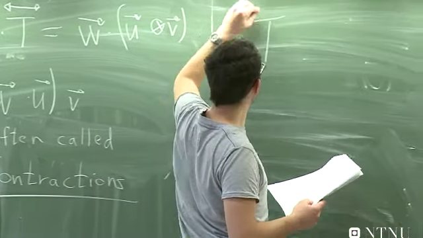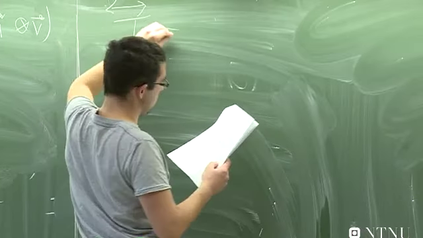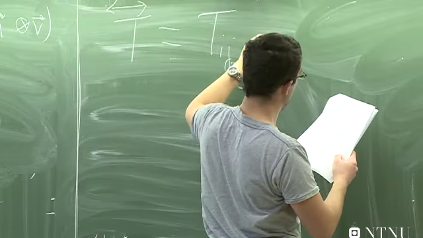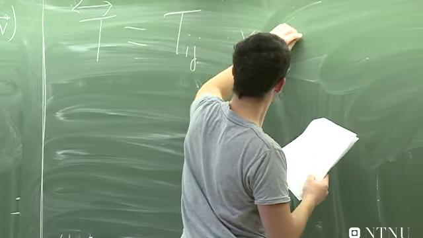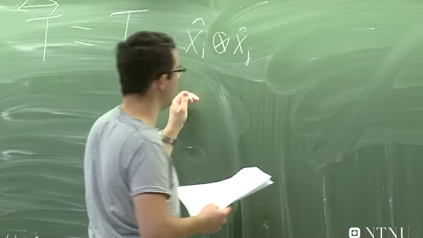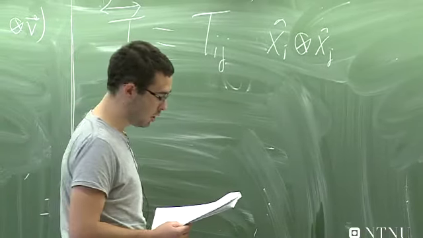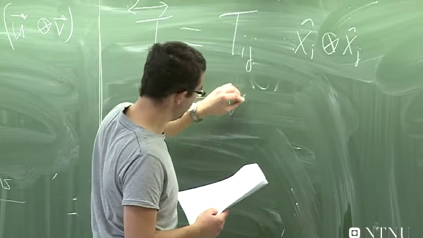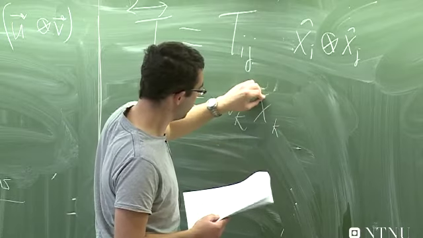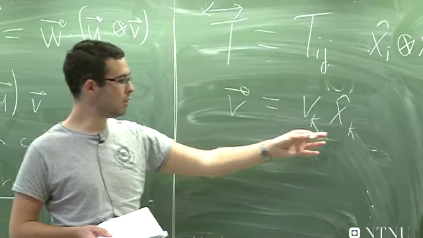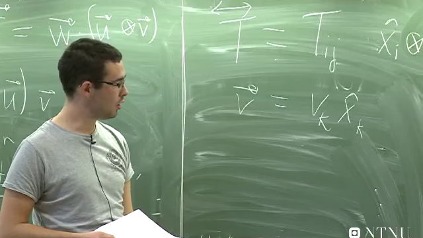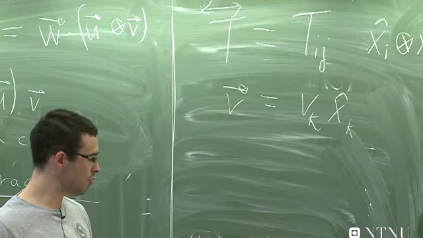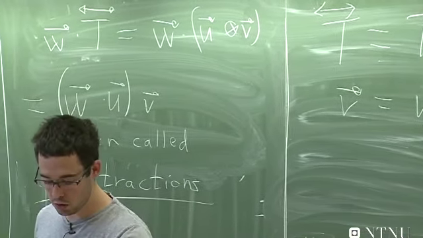Then I can write T as the components Tij and the tensor products between the unit vectors, and the vector v as just the components of v times the unit vectors in the coordinate system we're working with, because we're always referring to vectors and tensors with respect to some coordinate system, right?